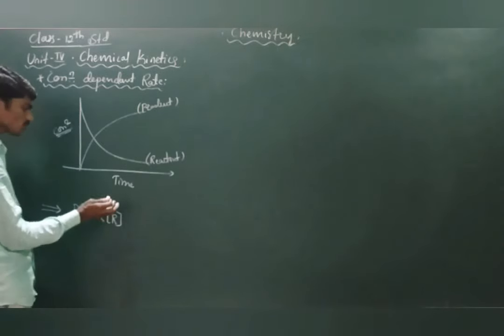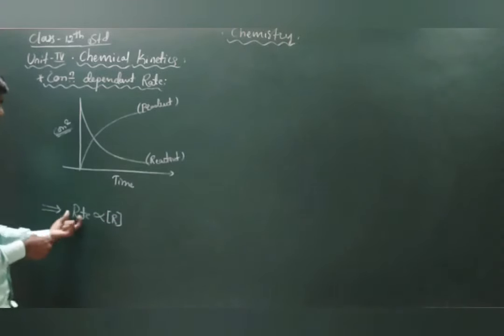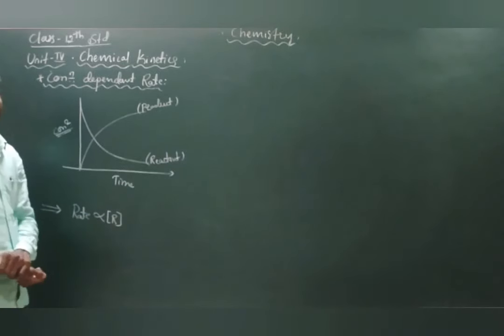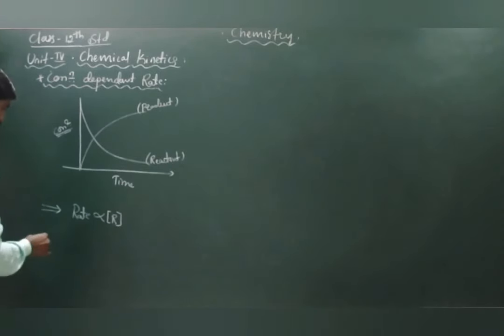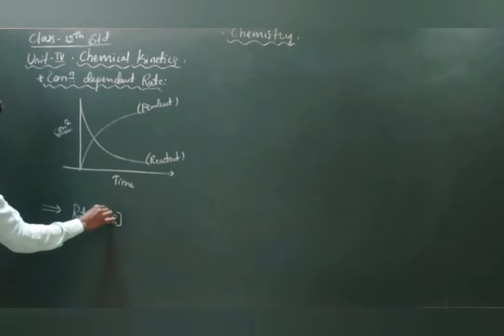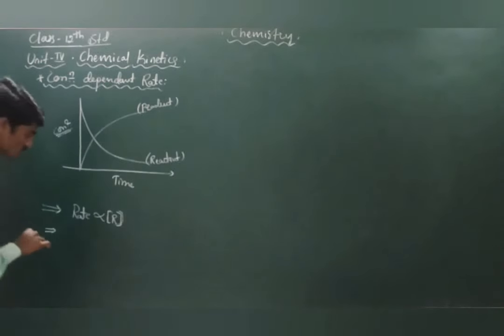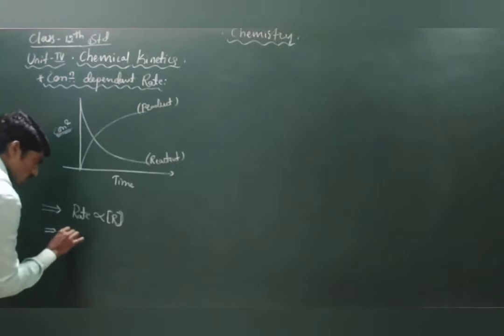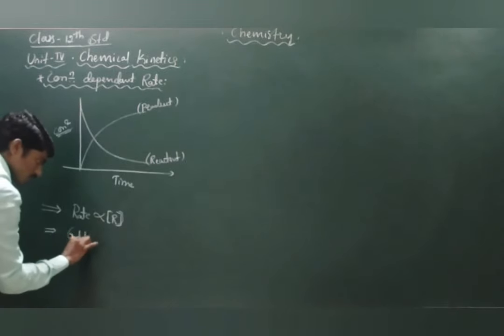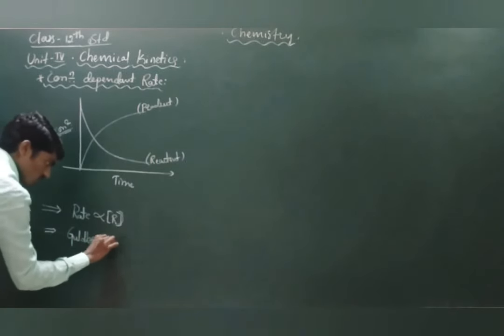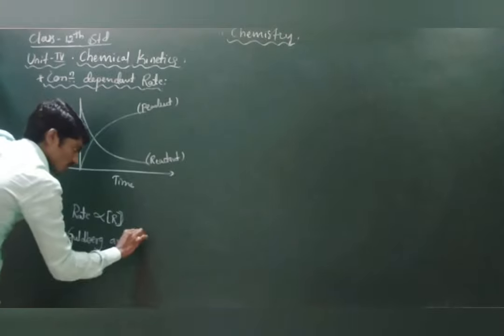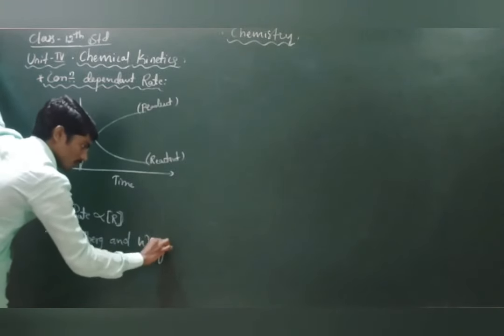And here the relation between the rate and the concentration term was given by Guldberg and Waage. The relation between the concentration of the reactants and the rate of a reaction is given by Maximilian Guldberg and Peter Waage.